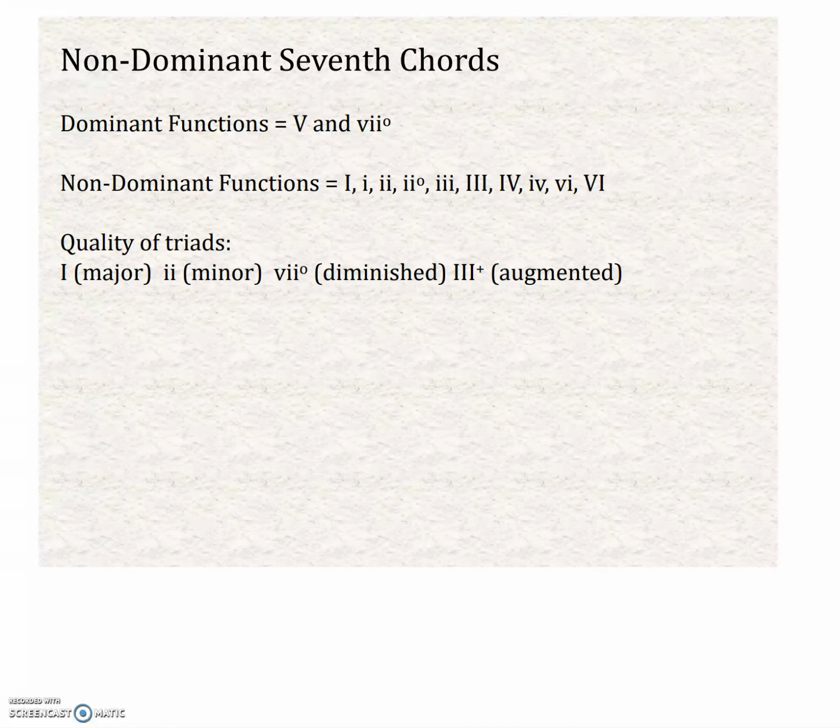So the other kind of seventh chords that we're going to talk about are non-dominant seventh chords. The seventh chords that have a dominant function are 5 and 7. Everything else, 1s, 2s, 3s, 4s, 6s, are non-dominant functions. So it's really important to know your triad qualities.